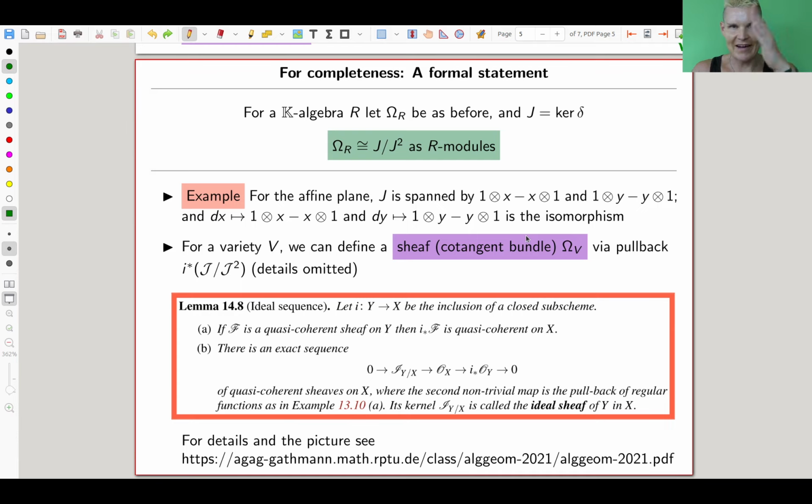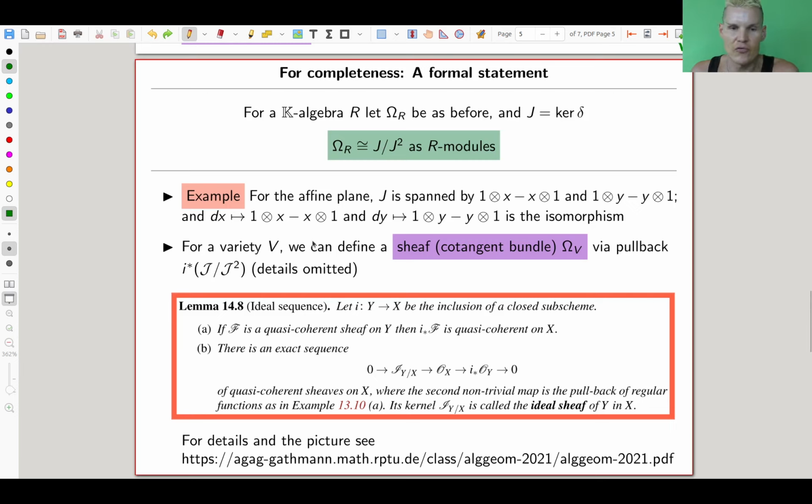Action on the right, action on the left. Not really a change, because left and right are of course interchangeable, but anyway, it was wrong. So left and right are difficult to distinguish. This is an alternative description of the set of differentials, given by expressing a differential as a multiplication operation in this bimodule space.